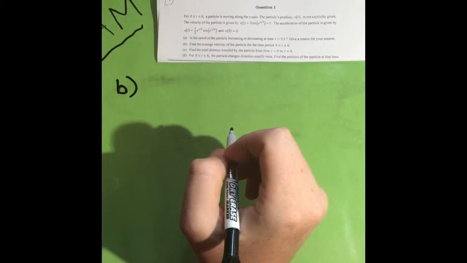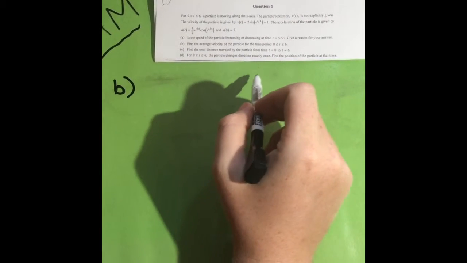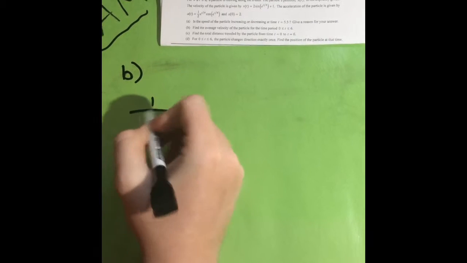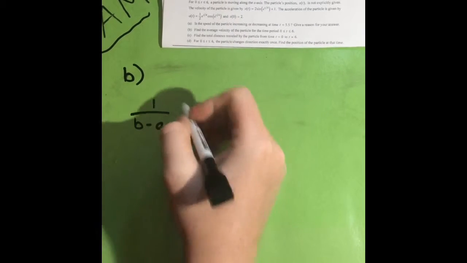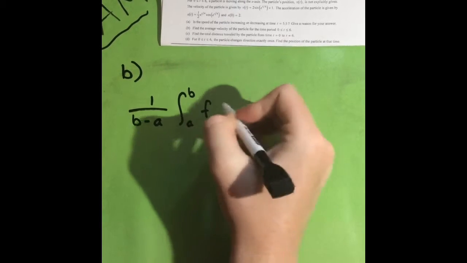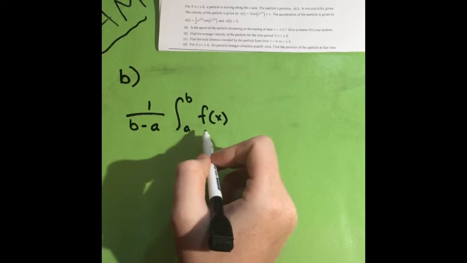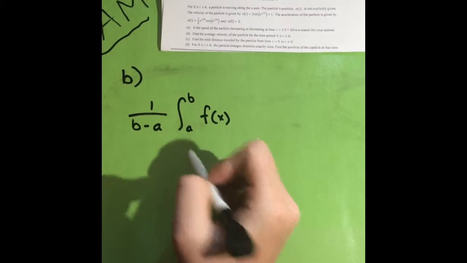So for part B, it asks to find the average velocity of the particle for the time period from 0 to 6. We have this equation, 1 over b minus a, integral from a to b, of f of x, that gives us the average value of f of x on the interval.